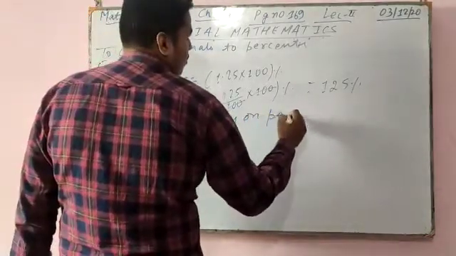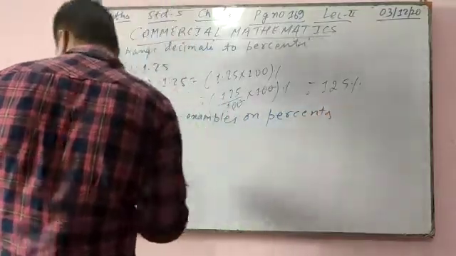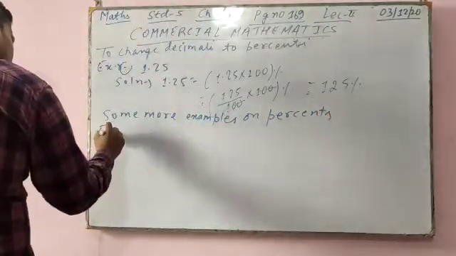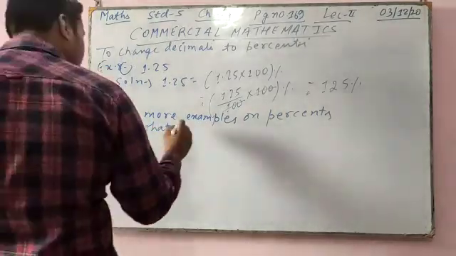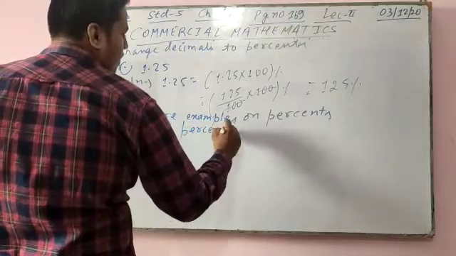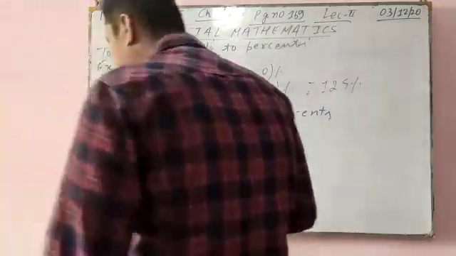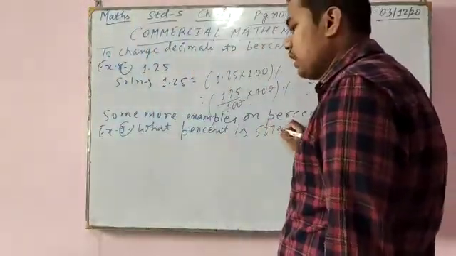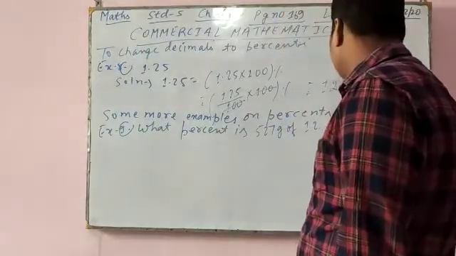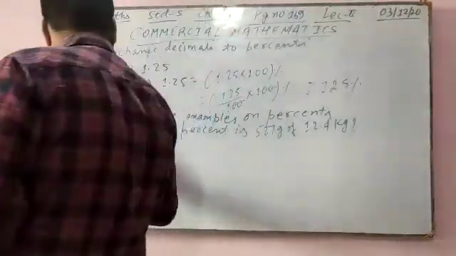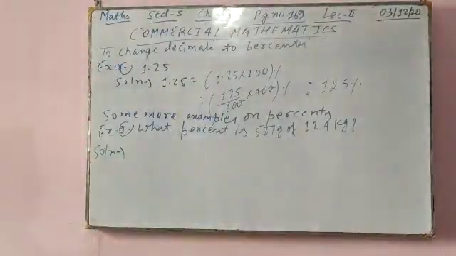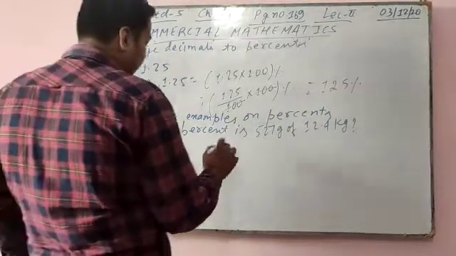On percent. Example number 9. What percent is 527 gram of 12.4 kg? Okay, we have to change into percent. So we have to find the percent of this.